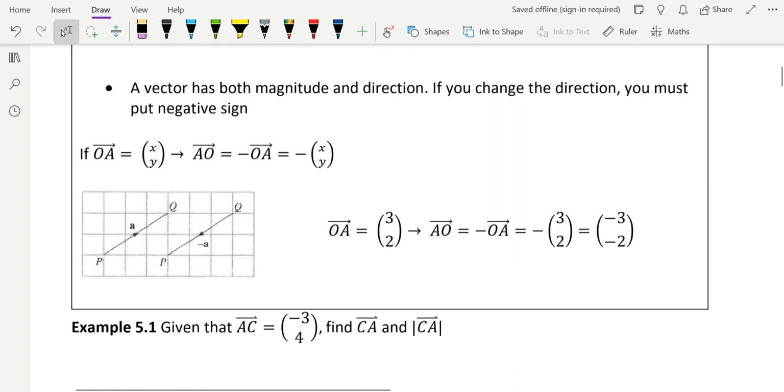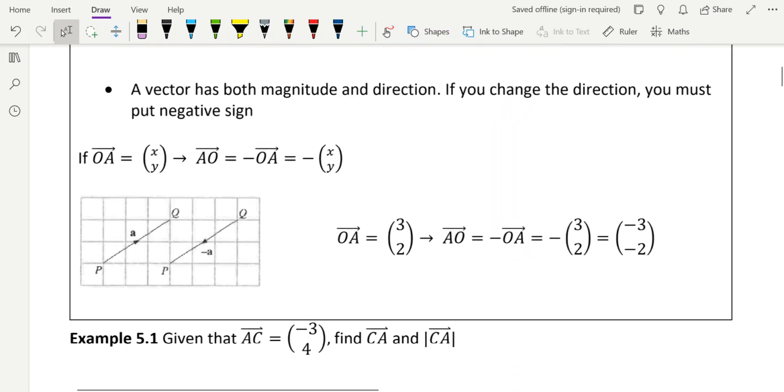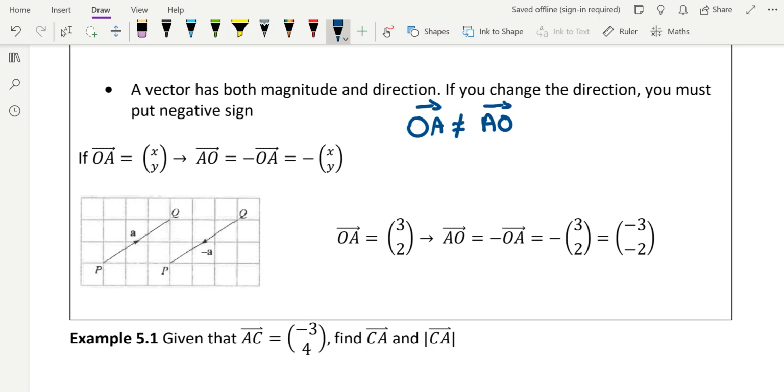Next, just now I said vectors have both a magnitude and direction, right? Just now we talked about magnitude, now we talk about direction. It's important to know that in vectors, OA and AO, as long as you have a vector arrow on top, they are not the same, because of direction. You see PQ over here is going upwards.